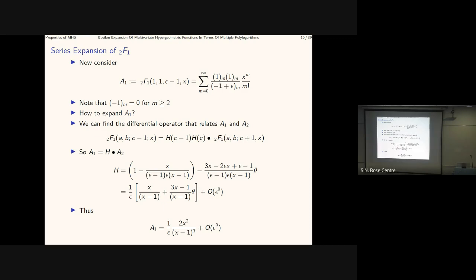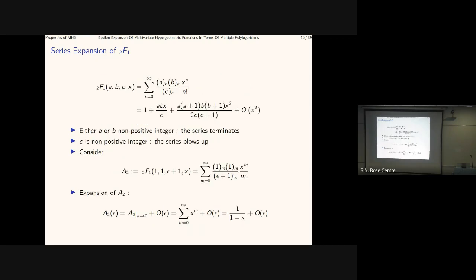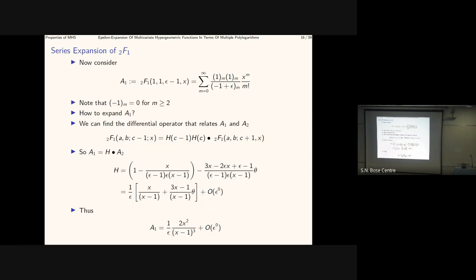In this case, in the previous slide we have found this operator explicitly, and if we act that operator on the series expansion of this in the leading term, we find the leading term of the series expansion of this complicated function that we previously could not find. So this is the overall strategy.